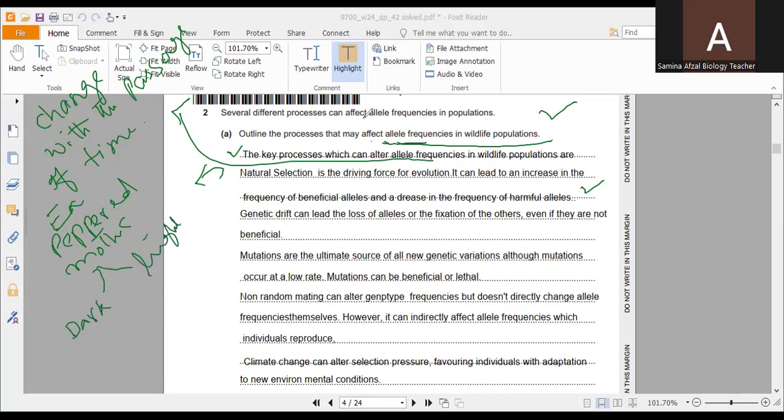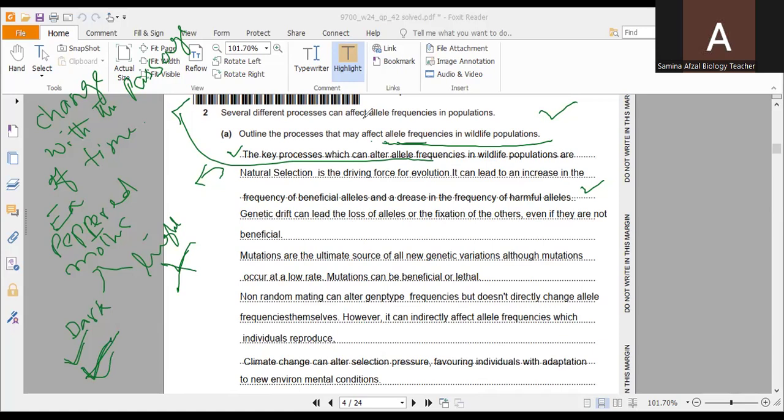So in the industrial area, the dark colors survived and the light colors did not survive, because they would be very prominent against the dark environment or the soot which had covered the trees. So dark peppered moths camouflage themselves, so they survive the environmental changes. They will be selected by the nature and survive, whereas the light-colored peppered moths will vanish or be eliminated.